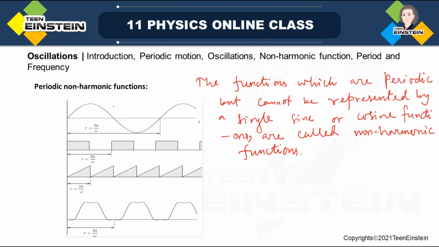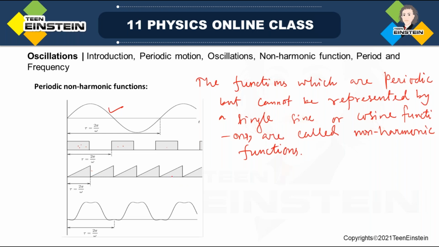So here this is a harmonic function, as you can see. But the functions you see over here are occurring after a particular interval of time, so these are periodic. This is called rectangular wave functions. These are occurring after a particular time interval, but these cannot be expressed in terms of single sine or cosine functions.